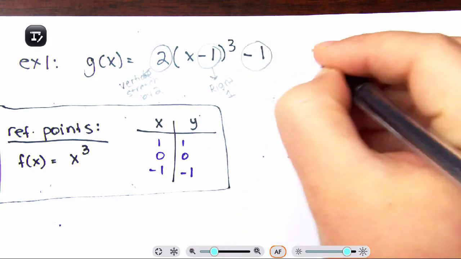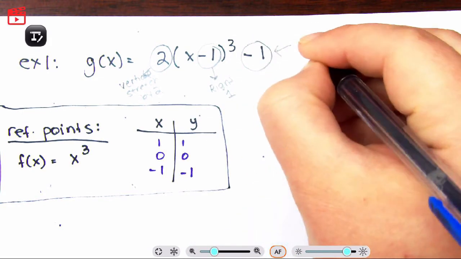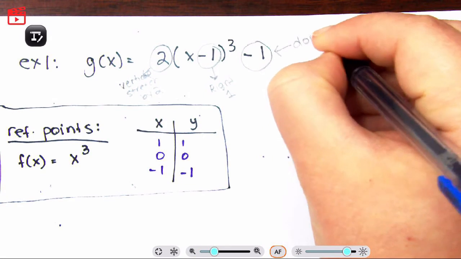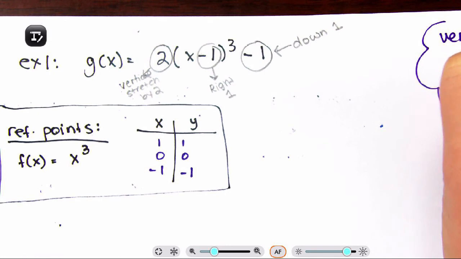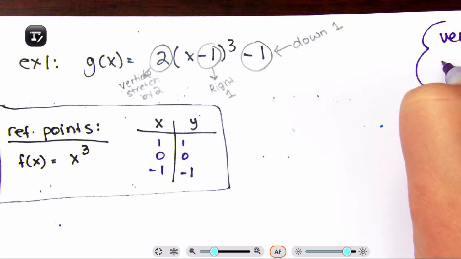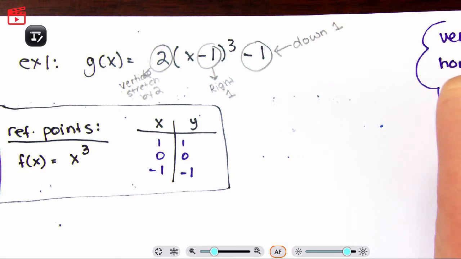I have a negative 1 on the outside of the bubble. So that means I do what it's saying. So down 1. So vertical, here's a thinking bubble. Vertical affects your y. Horizontal affects your x.